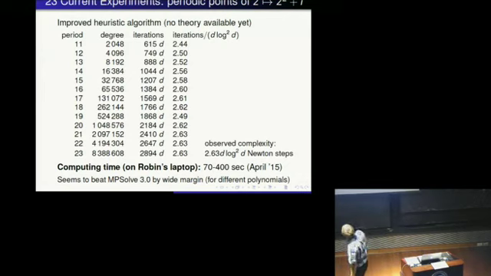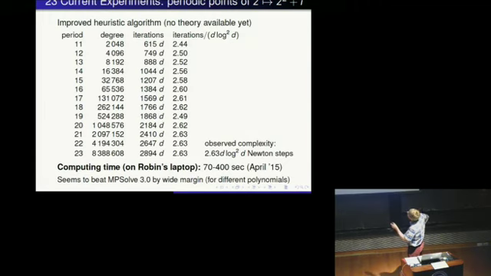And this is an experiment of a few weeks ago, z squared plus i, where the period is from 11 to 23. So this is just a little table of computing powers of 2. I hope they're correct. This is the number of Newton iterations that we had to do, times d, which we factored out.